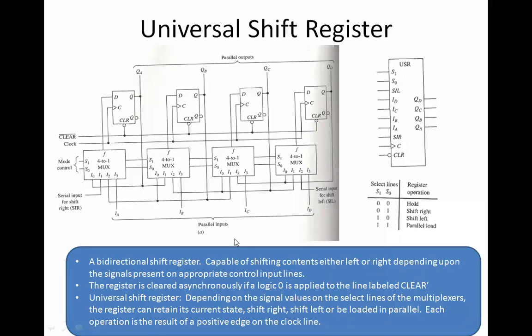Fine. Now let us look at 0, 0. 0, 0 means I0 should be selected. If I0 is selected, then what is to be done? The value is to be held.